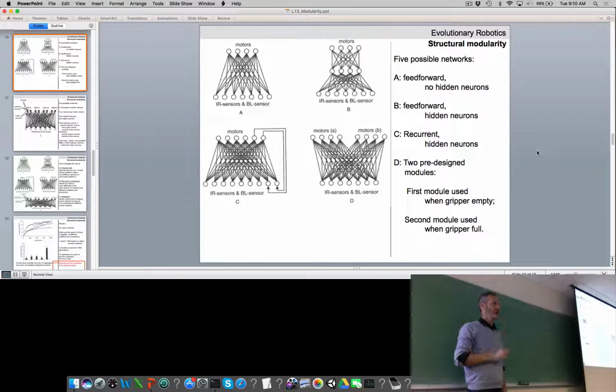There's a problem with this, though. What's the problem? Let's say at some point in time, this sensor neuron has a value of 1, and this neuron has a value of 0. The next time step, this neuron has a value of 0, and this neuron has a value of 1.